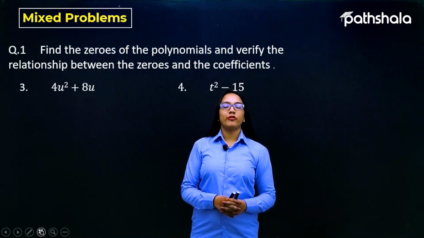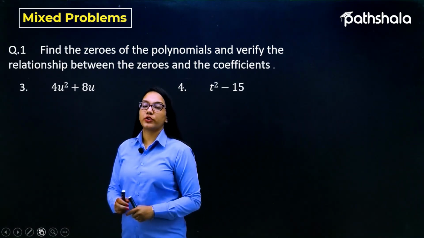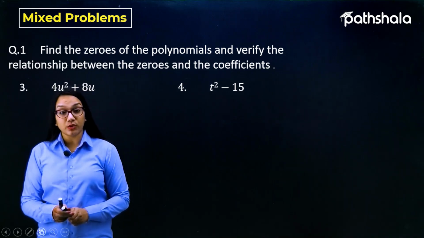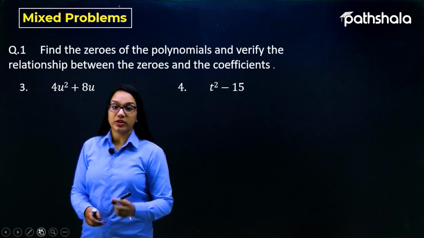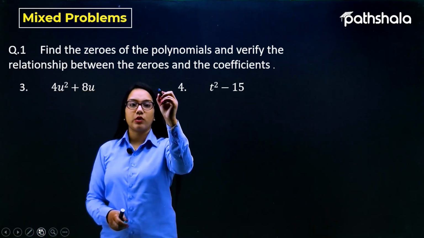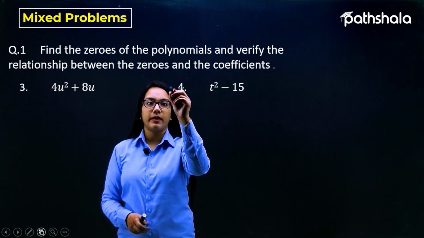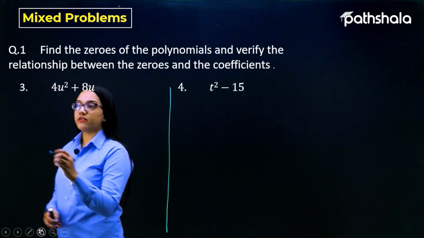Now let's move on further and talk about the third and the fourth part of question number 1, in which we have to find the zeros and verify the relationship of the zeros and the coefficients. So let's talk about the third part. So let us suppose I am dividing the two sections. Okay, so let's start with the third part.